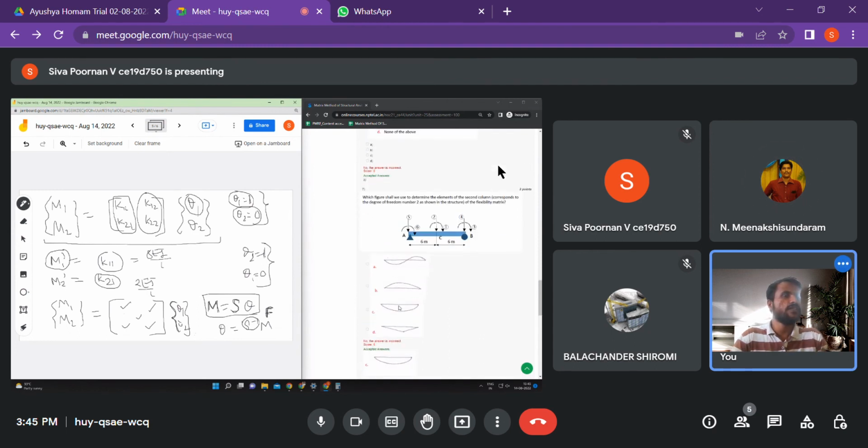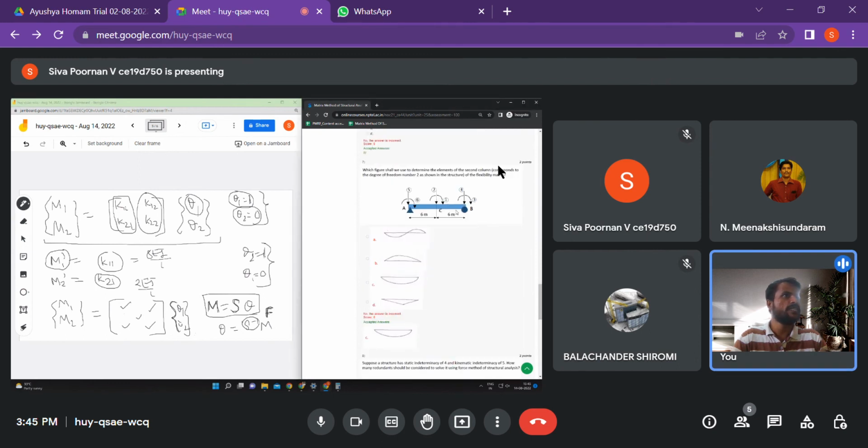So this is a translation degree of freedom. For a translation degree of freedom we need to just assign 1 unit displacement and everything else to be 0.